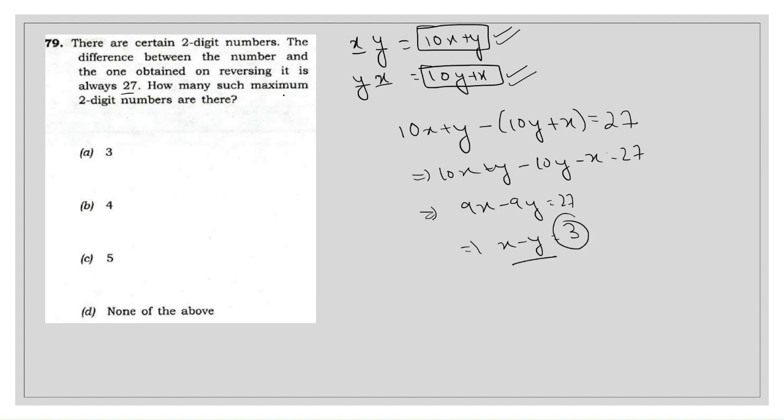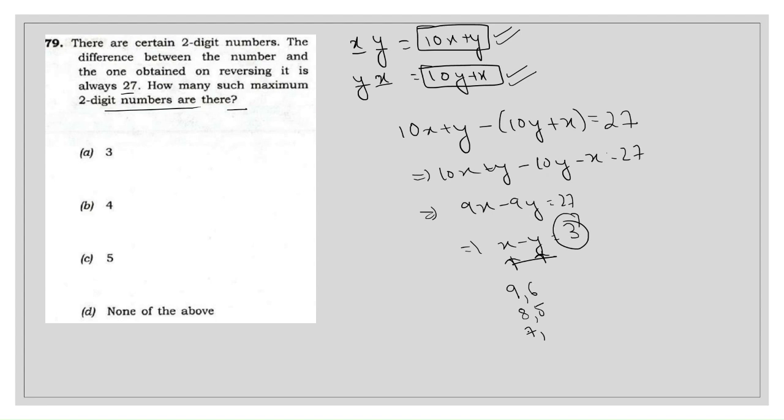And they ask how many such maximum 2-digit numbers are there. That is, we have to find out how many such 2-digit numbers are possible in this case. Since we know that the difference of the digits is 3, we start with the first.